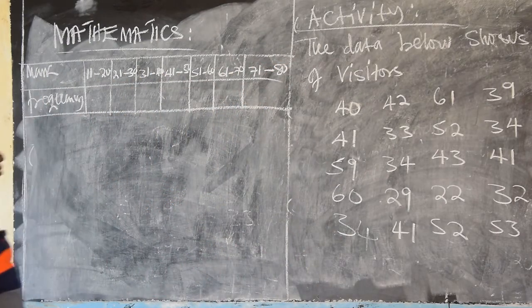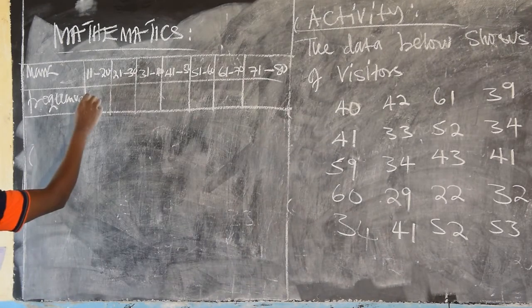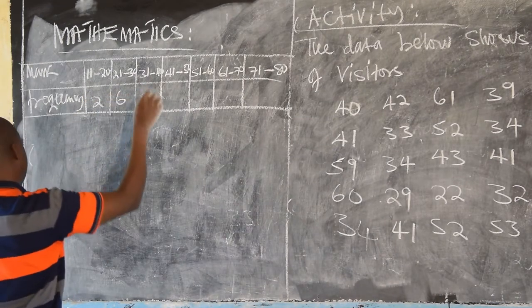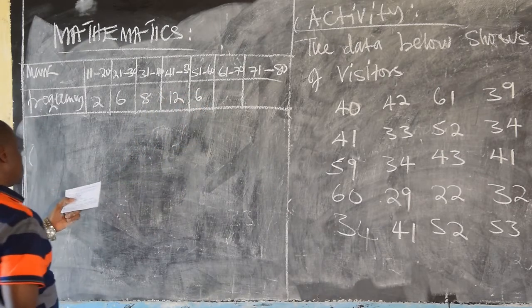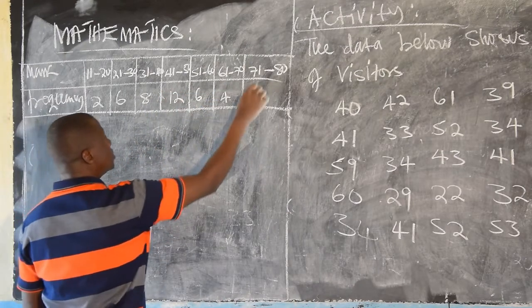That form. So the frequencies are 2, 6, 8, 12, 6, 4, 2.